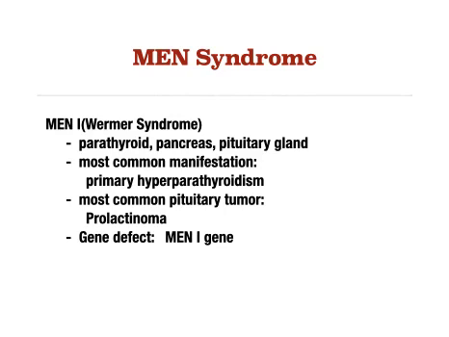Now, there is a genetic mutation, a germline mutation, that is seen in MEN1, and that is in a tumor suppressor gene that encodes for a protein we call menin. So, it's called the MEN1 gene. Okay, so it's a tumor suppressor gene.